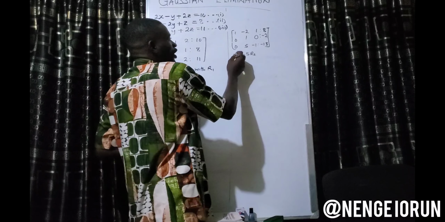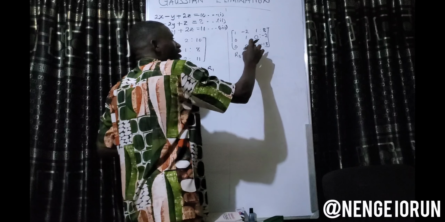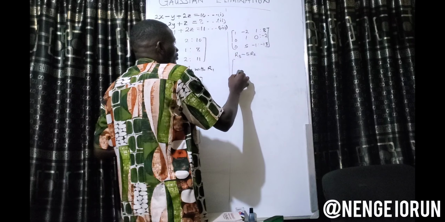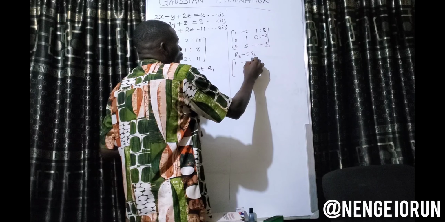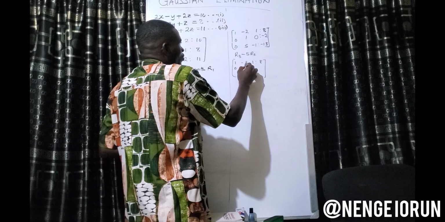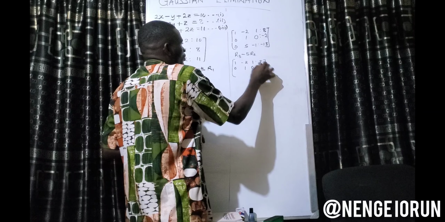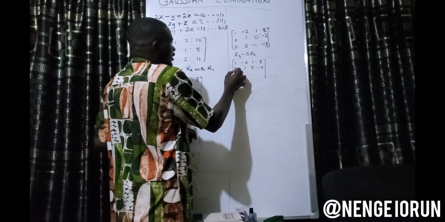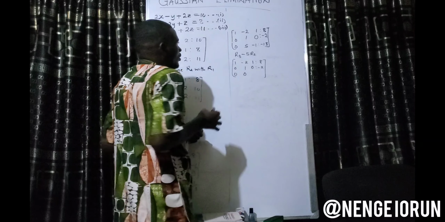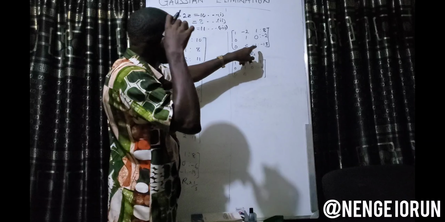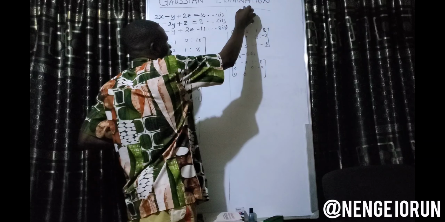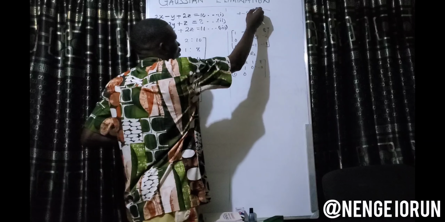So now it means that your row 1 and row 2 will stand. So you will have 1 minus 2, 1 dot 8, 0, 1, 0 dot minus 2. Then this will stand. This will give us 0. Then for this, we have negative 1 minus 5 times row 2, 5 times 0.